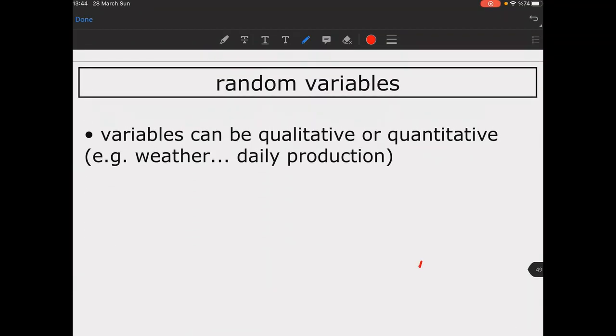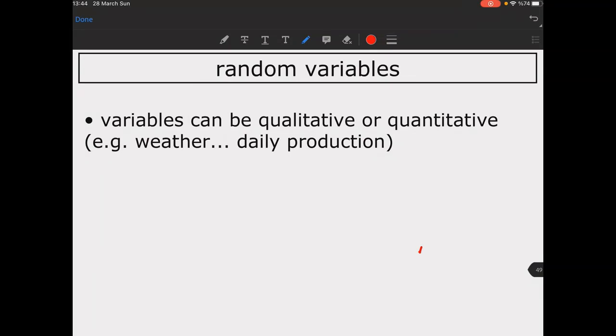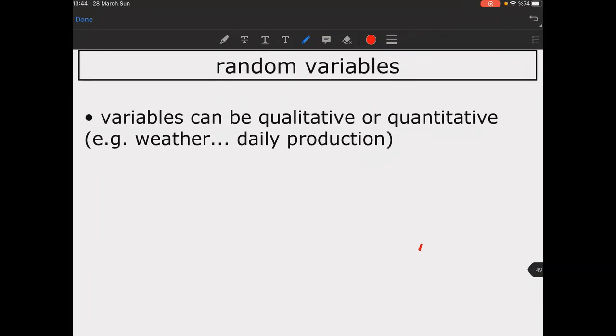Now, your random variables can be qualitative or quantitative in nature. Suppose that if you're talking about the weather condition, it's clear that it is qualitative, right? It is whether it is sunny or it is raining or it is cloudy, whatever. So it's a qualitative variable.